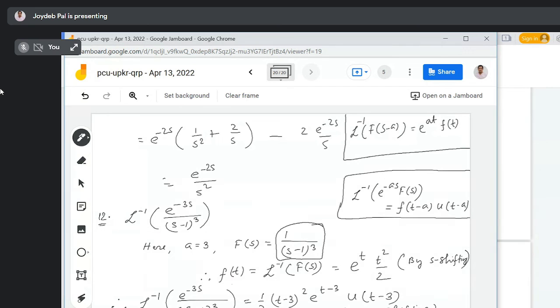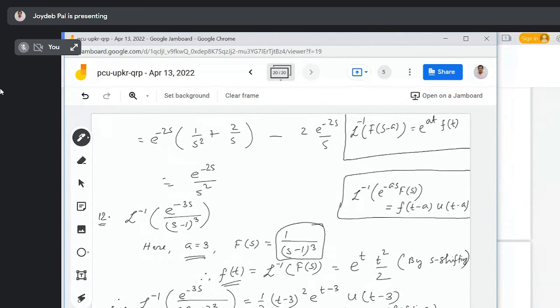So a already I have mentioned a is 3, और f(t) क्या मिला है, 1 by 2 t square e to the power t. So according to the t shifting theorem, Laplace inverse of e to the power minus as into F(s) ये होगा f of t minus a u(t minus a), मतलब यही होगा लास्टली आंसर. ठीक है, f(t minus a) u(t minus a).